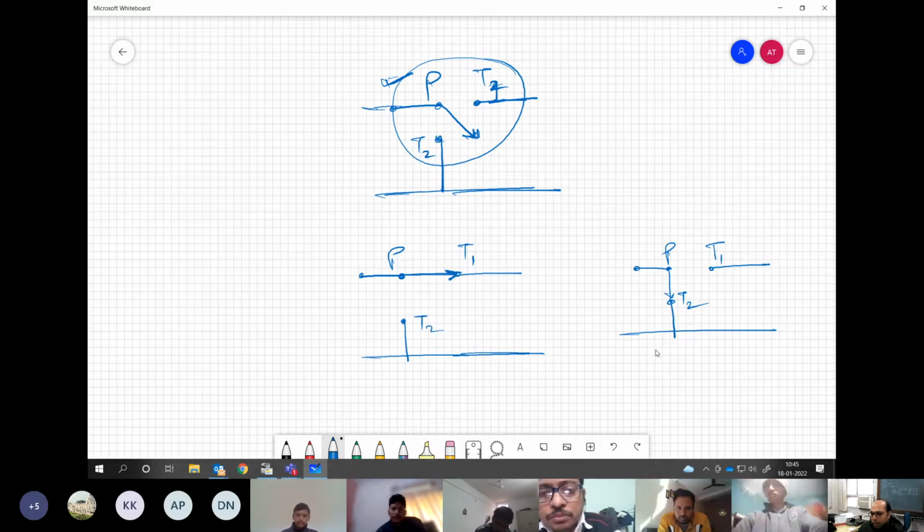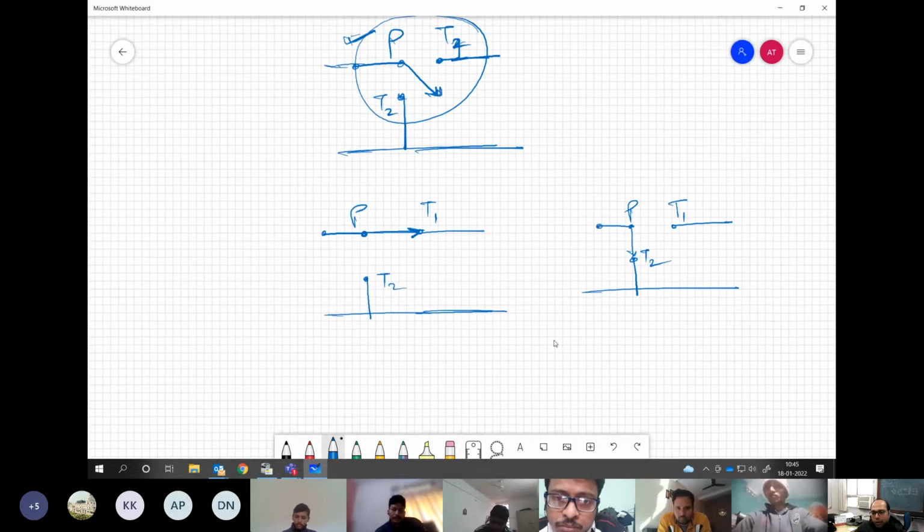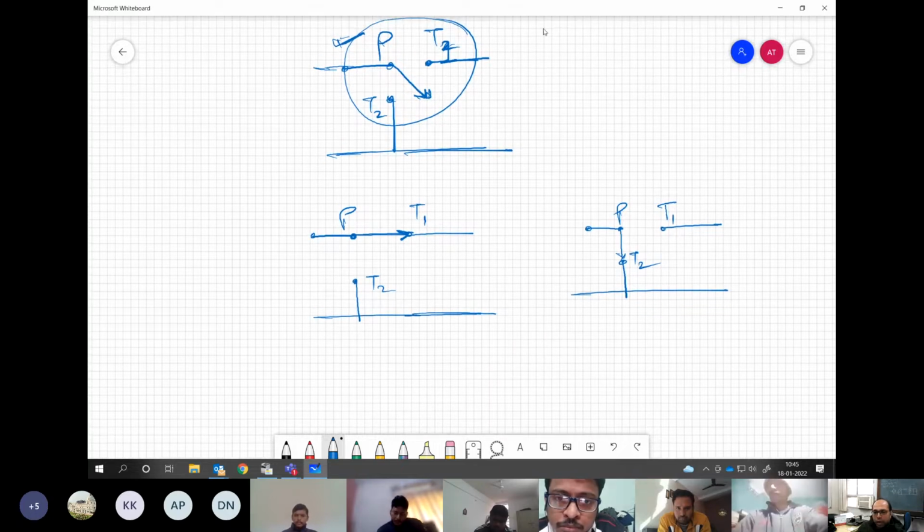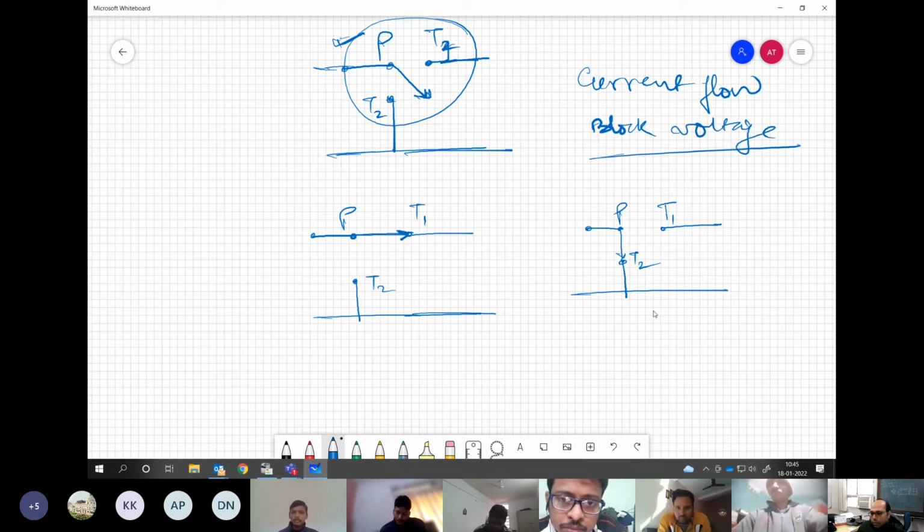Correct? These are the only two possibilities. Now what will happen when we have these two possibilities? See, from the current flow and voltage blocking point of view, ultimately that is what we want. We want it to have some current flow and block some voltage. Is it not? Now, when it is connected to P to T1, what is this basically doing? This is conducting a current from P to T1 because here we have current stiff elements. So that's why the direction will be this.